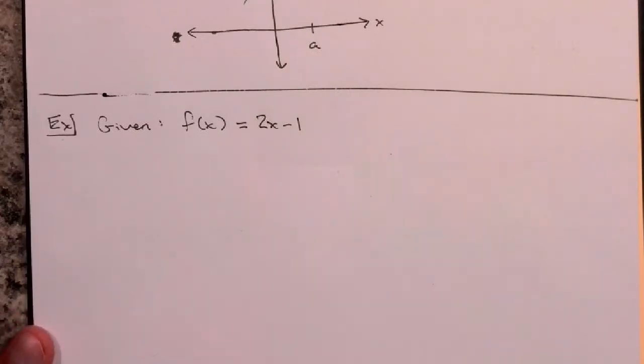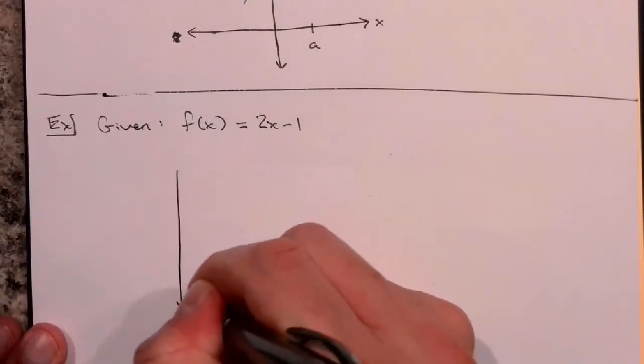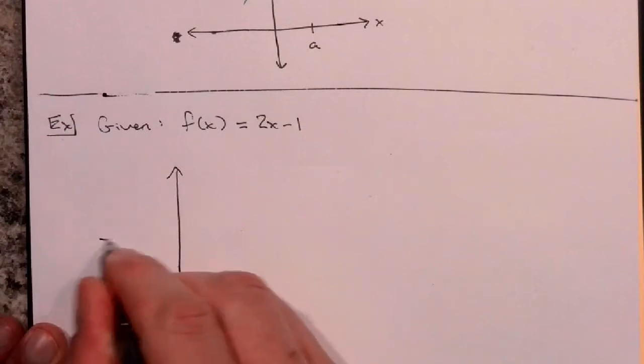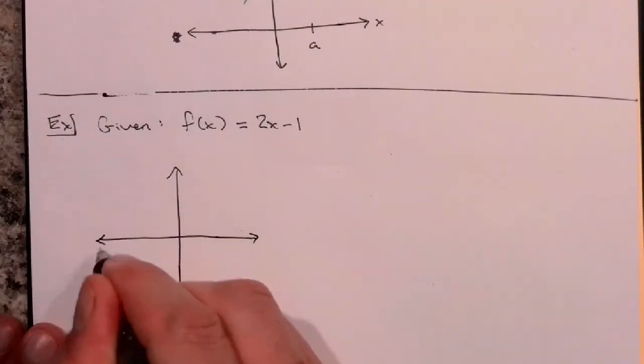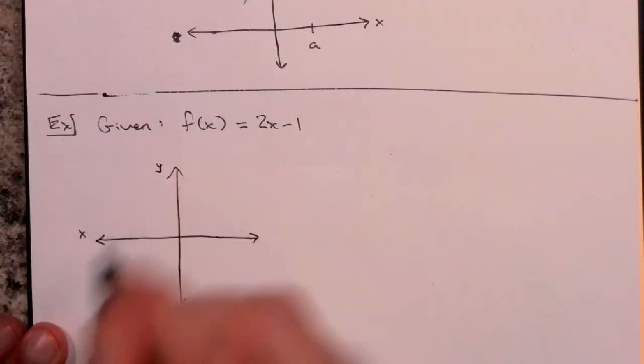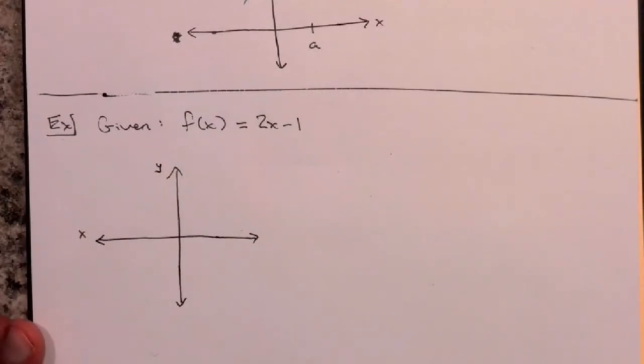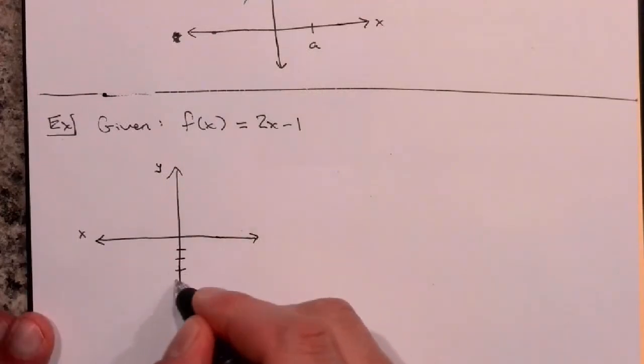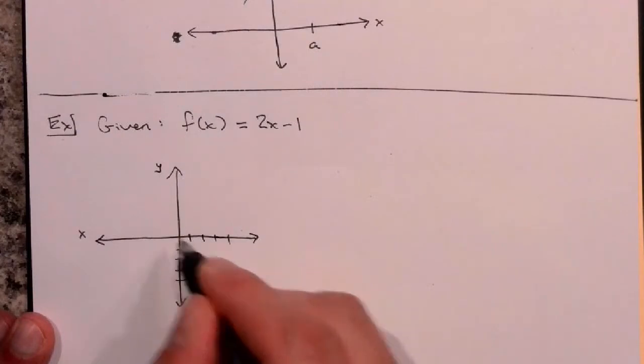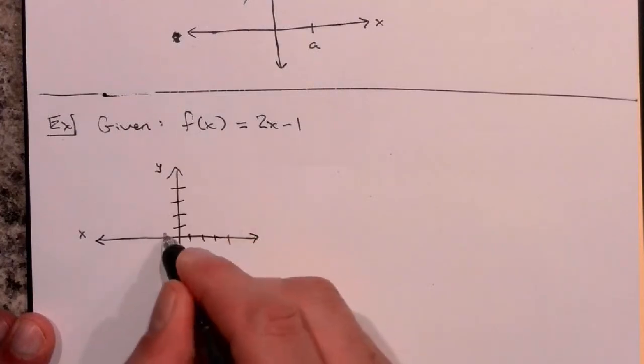If we were to draw what this graph looks like, it's the line y equals 2x minus 1, so you've probably seen it before. So we'll do a rough sketch here. So here's x and here's y, and drawing the graph in here.